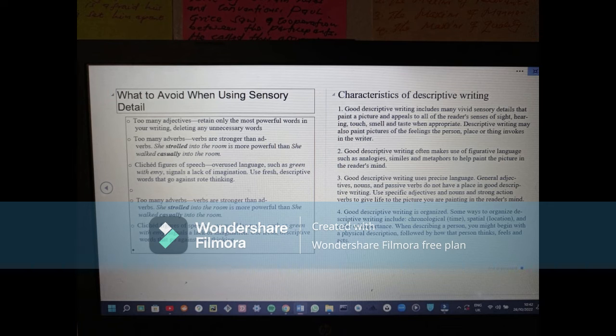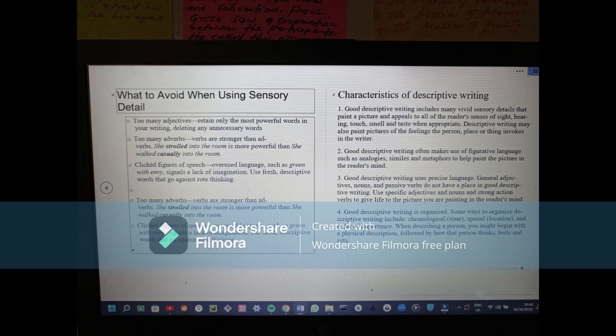Descriptive writing may also paint pictures of the feelings the person, place, or thing invokes in the writer. As I said, this should also help you create a dominant impression.